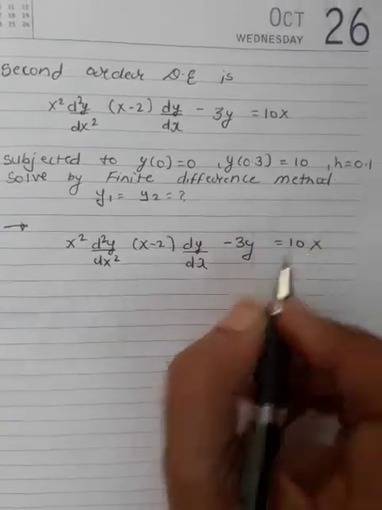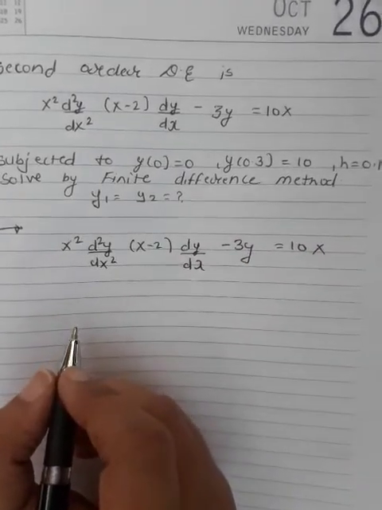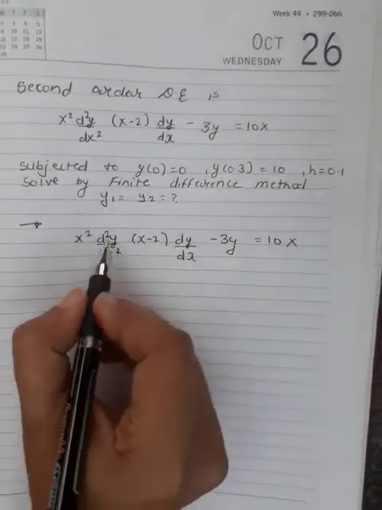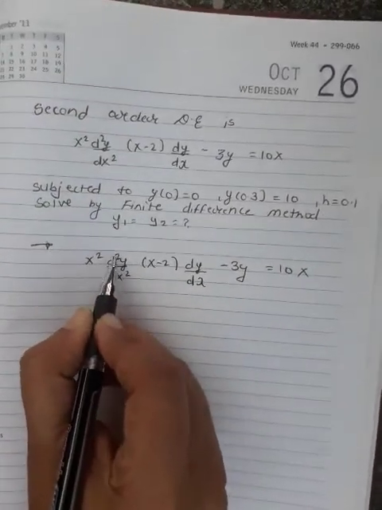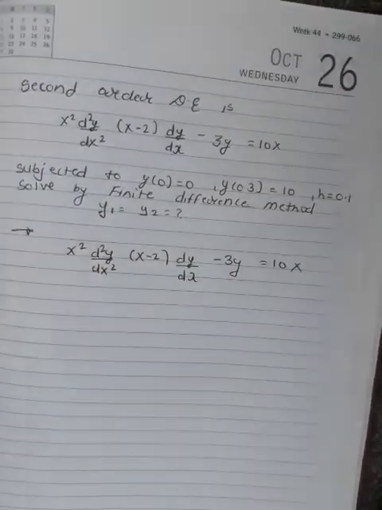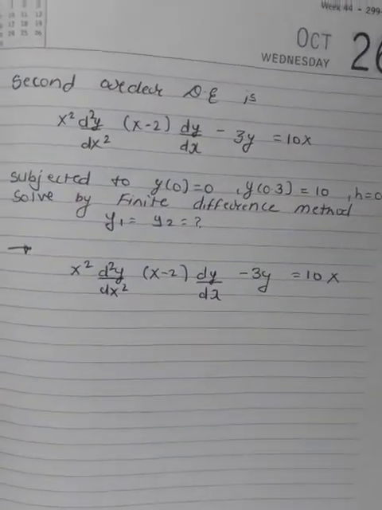So this is the second order differential equation given to you. Why is it second order? Here the highest order of the derivative in the equation is 2, so it is called the second order differential equation.